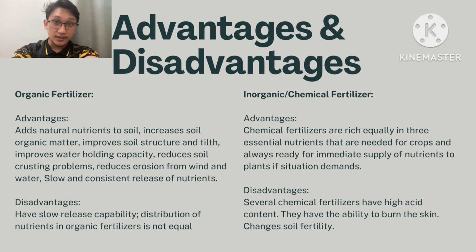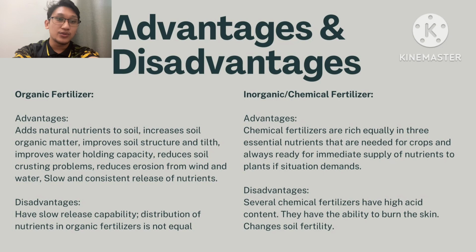To summarize our topic for today, let's take a look at the advantages and the disadvantages of organic fertilizer and chemical fertilizer. The advantage of using organic fertilizer is that it adds natural nutrients to soil. It also increases soil organic matter, improves soil structure, and improves water holding capacity.